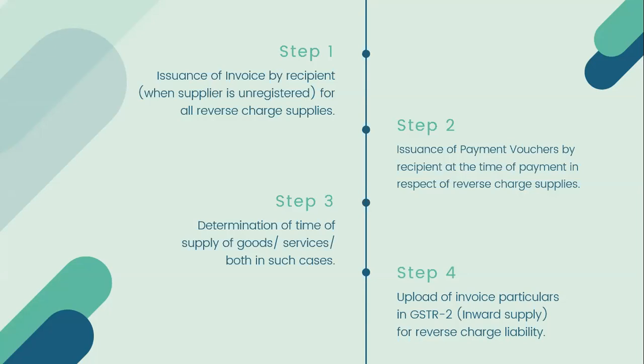Similarly, the registered recipient is required to file GSTR2 mentioning the inward supplies received from the registered supplier attracting reverse charge. It is important to note that unregistered taxable person making an outward supply of notified goods or services under reverse charge is not required to file returns under GST.